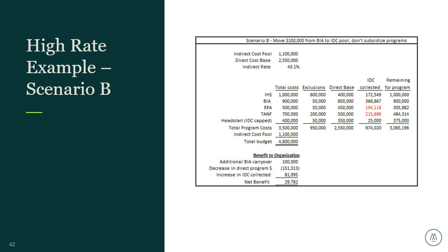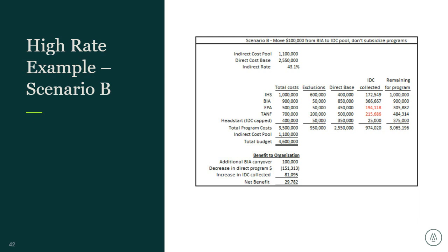You can see that for the overall benefit, we will have an additional BIA carryover of 100,000 in later periods. Using a higher rate will lead to a decrease in direct program available funds, so we will show it as a negative of 151.